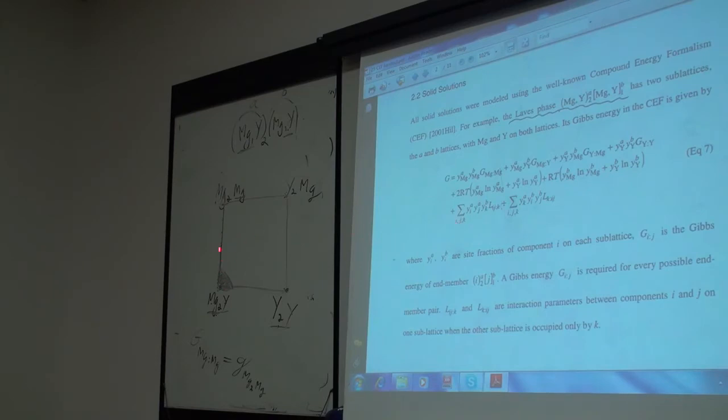plus now you can put in, if you want, binary terms here. These terms will be small. These are the main terms here. These will really be small because you're really only dealing with a small area, but these are your binary terms. These are really your second nearest neighbor terms. So this is your interaction of, what is it, magnesium with yttrium, the second nearest neighbor. So this is magnesium reacting with yttrium on the same site when this site is occupied by yttrium, for example.